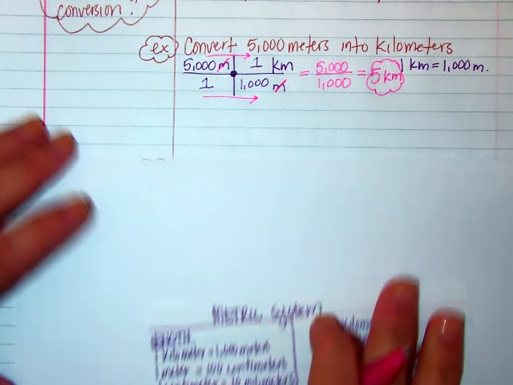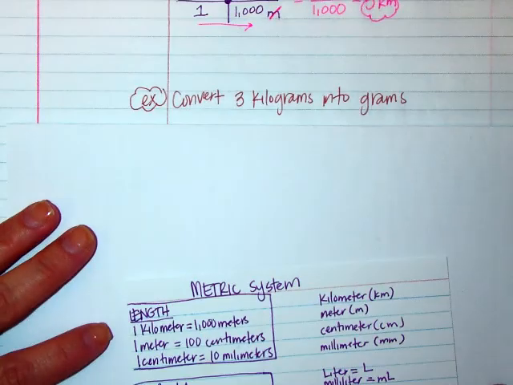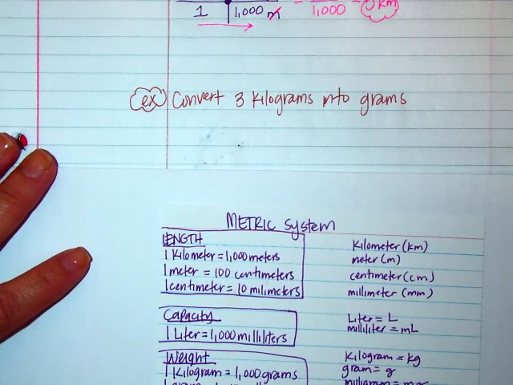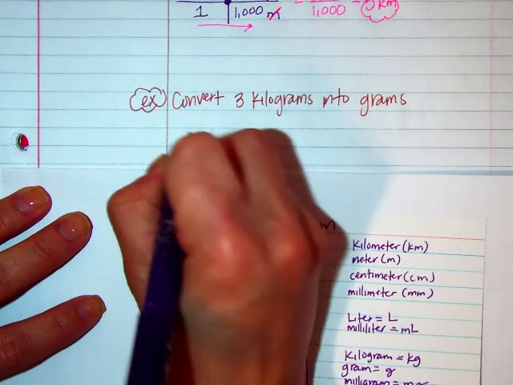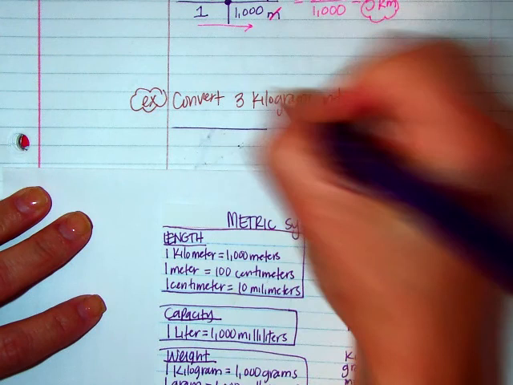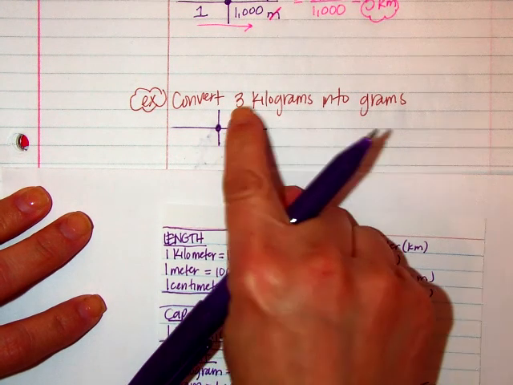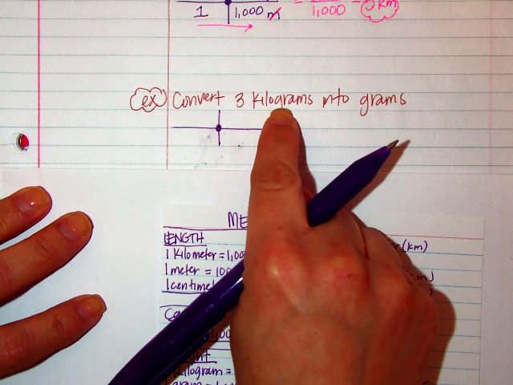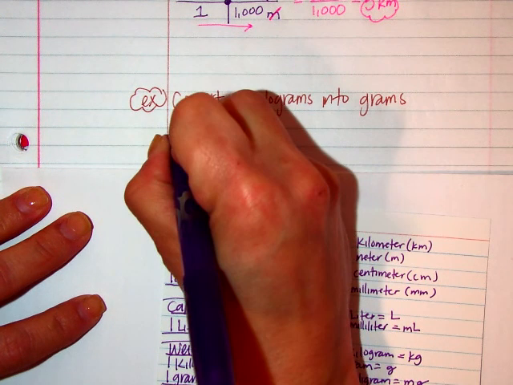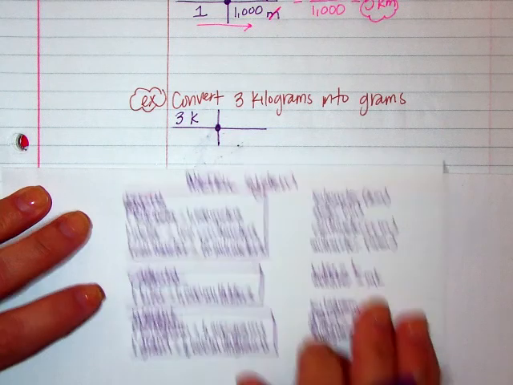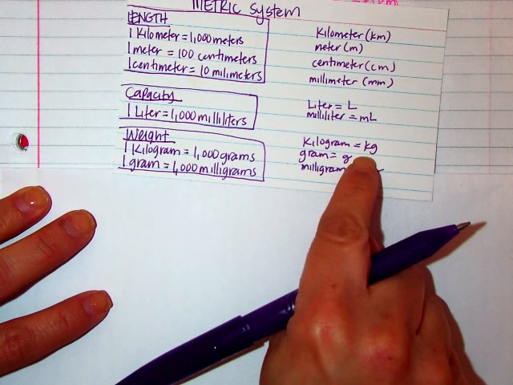Let's convert 3 kilograms into grams. Same idea. Let's create our two fractions. We're starting off with 3 kilograms. So I'm going to write 3. Kilograms is kg, kilogram.